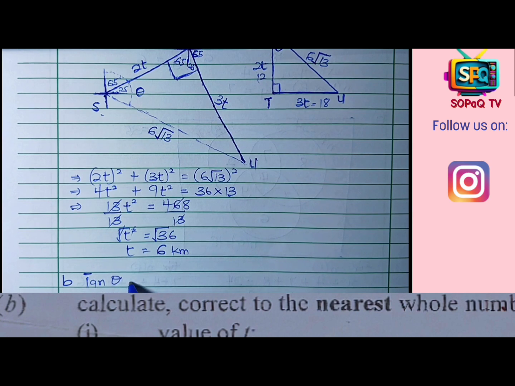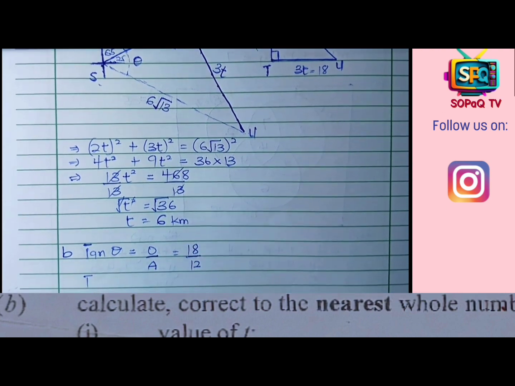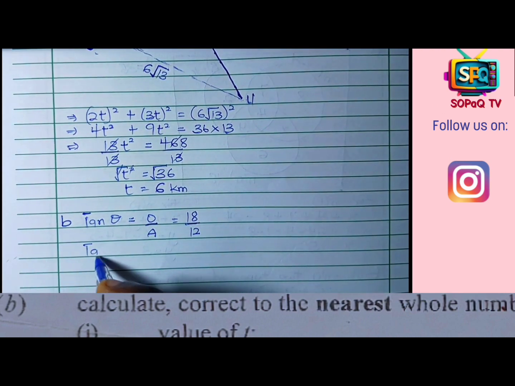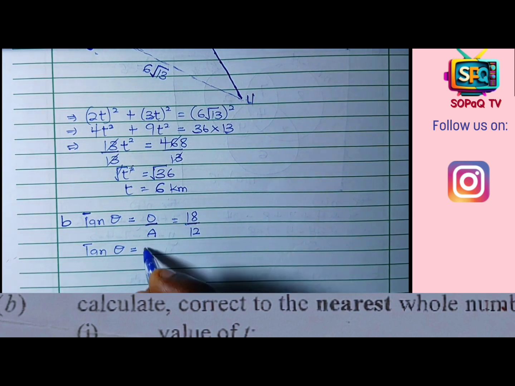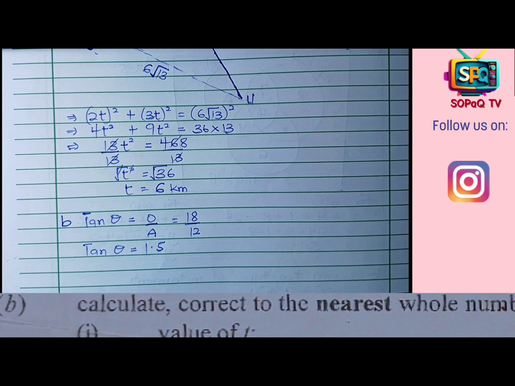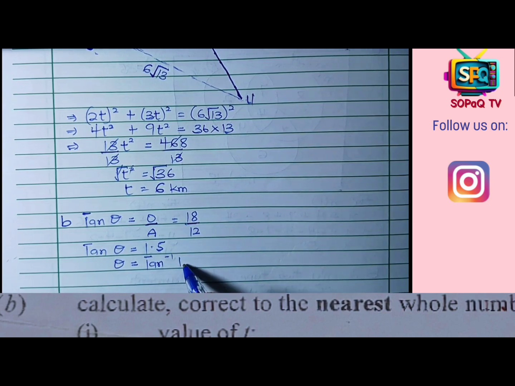Tan theta is equal to opposite over adjacent, which is equal to 18 over 12. And our tan theta, 18 on 12 from the calculator, will give us 1.5. And to find the theta, we are going to get tan inverse of 1.5.